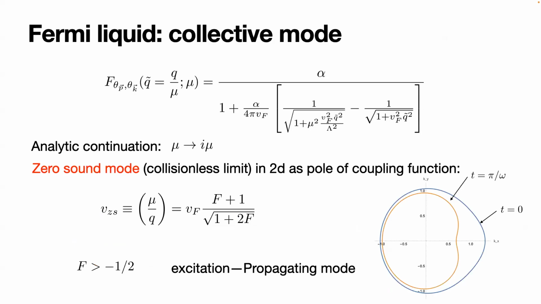The zero sound mode represents a collection of particle-hole excitations that effectively deform the Fermi surface as a function of real time. And this is the zero sound velocity. We can see when f is larger than minus a half, then this velocity is well defined, so the collective mode is a well-defined excitation of the system.